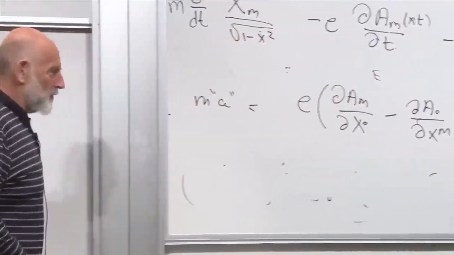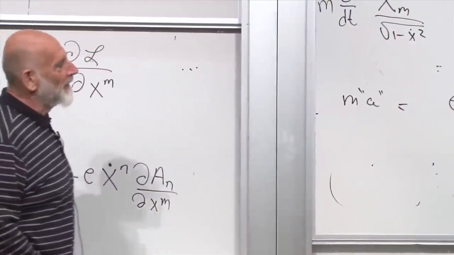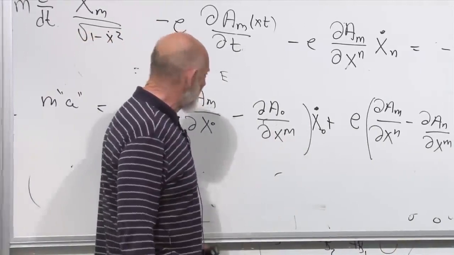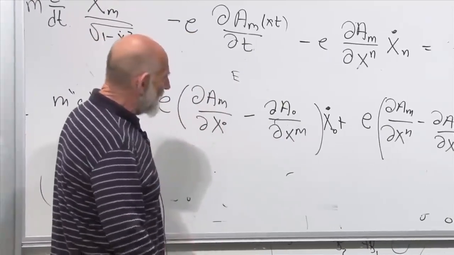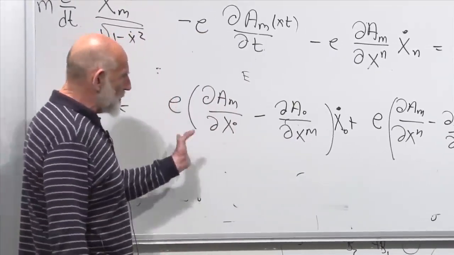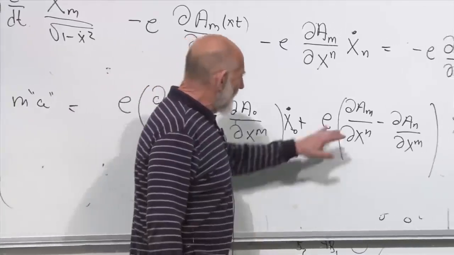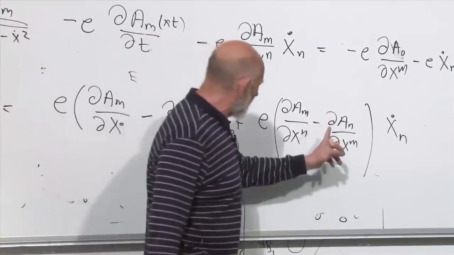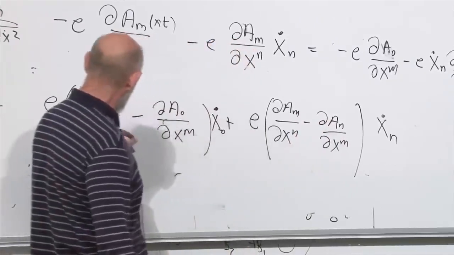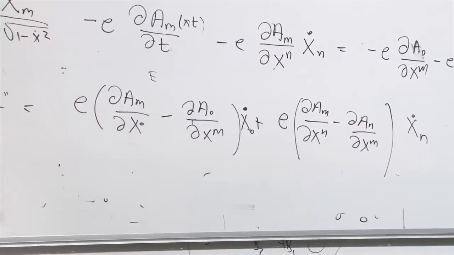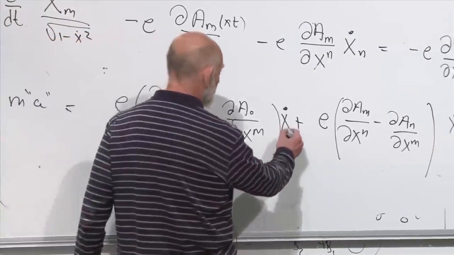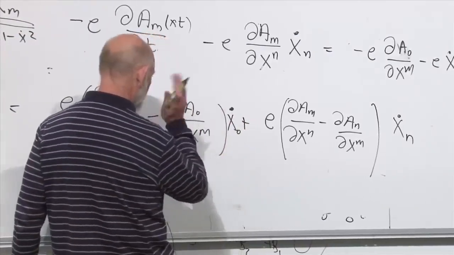It didn't do anything. I just threw in for free dt by dt, which is just 1. But now it starts to look kind of symmetric with respect to space and time. Here we have an anti-symmetrized thing with indices m and n, and here we have an anti-symmetrized thing with naught and m. This is xm dot here. Sorry, yeah, that's right. I got it right.